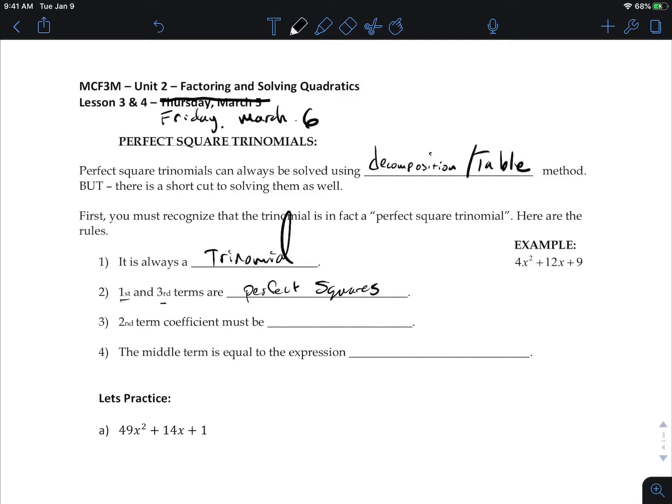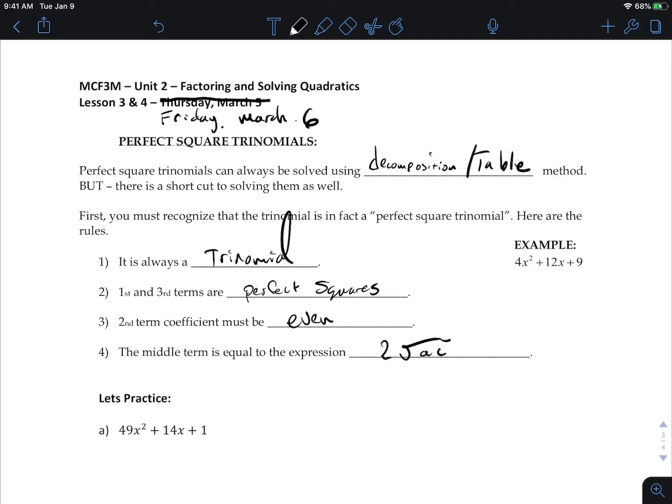And then the second term, whatever's attached to the B with the variable, has to be even so that you can cut it in half. And then the middle term is equal to the expression 2 times the square root of A times C, which just looks like a jumble. It doesn't really mean anything until I actually put one in there, then it'll make sense.